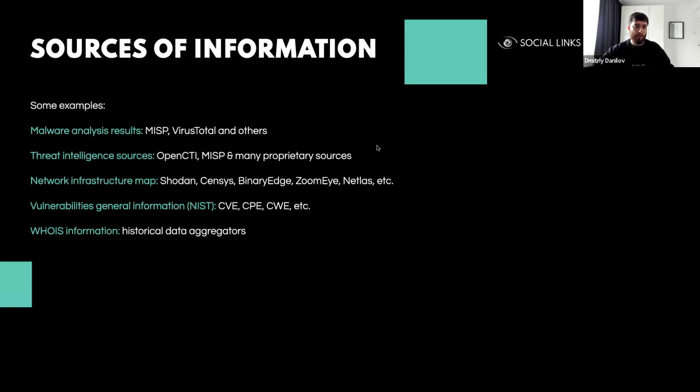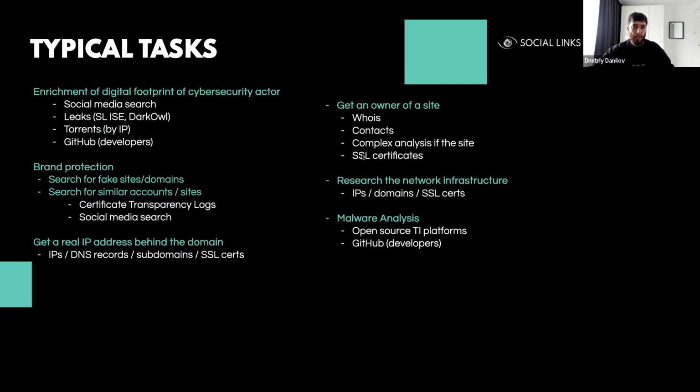And of course, WHOIS information is very important in the case of OSINT investigations in cybersecurity. And here, the main source of information in my mind is historical data aggregators who store information from before the GDPR and from different sources, allowing you to trace the activity of a domain from a long time ago.